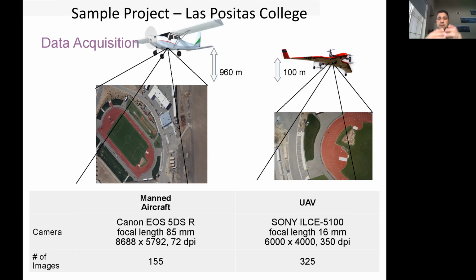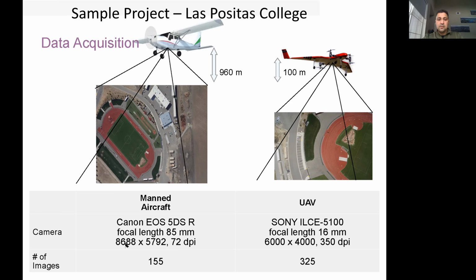We kind of stretched this picture out, but look at the footprint that the manned aircraft was able to pick up here. We're talking the entire football field and the track, a lot of the parking lot, some of these exterior buildings, etc. Now the cameras are not one-to-one. You've got a much longer focal length with this Canon 5DS, an 85 millimeter focal length, versus the Sony camera, which is more like a handheld camera, on the UAV with a 16 millimeter focal length.